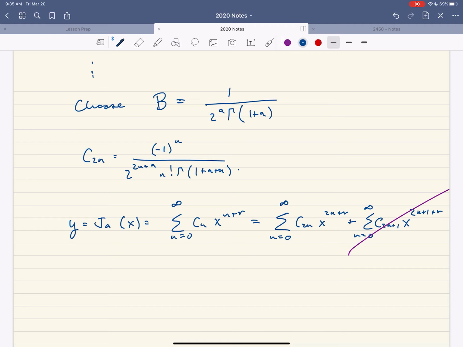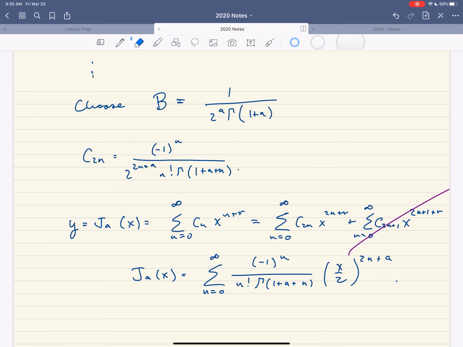And what we're left with then is that j sub a is going to be this power series: the sum from n equals 0 to infinity, negative 1 to the n over n factorial, gamma of 1 plus a plus n, times x over 2 to the 2n plus a.